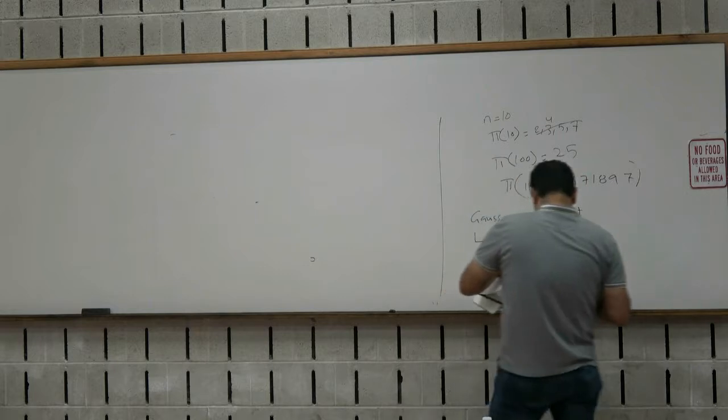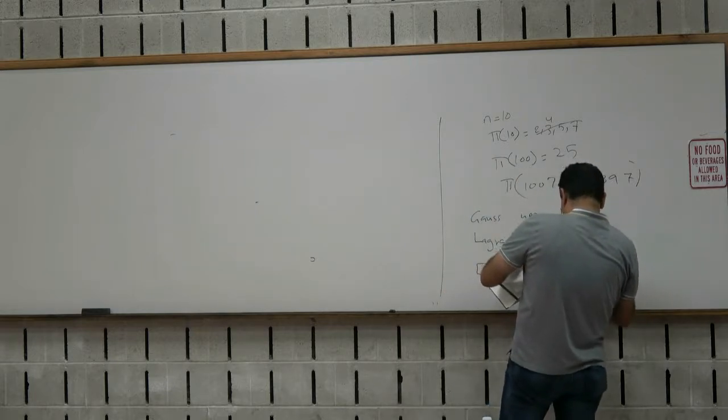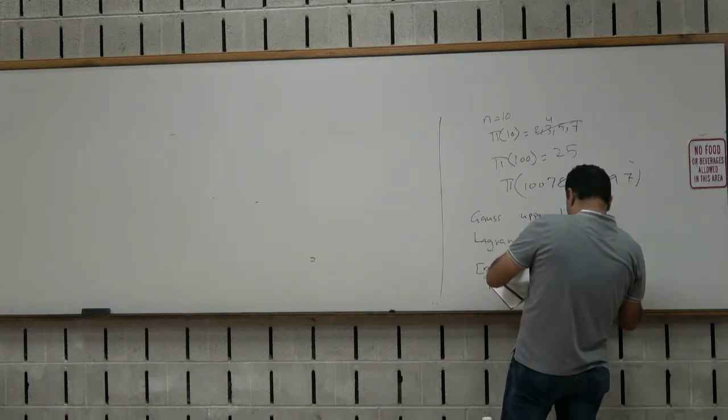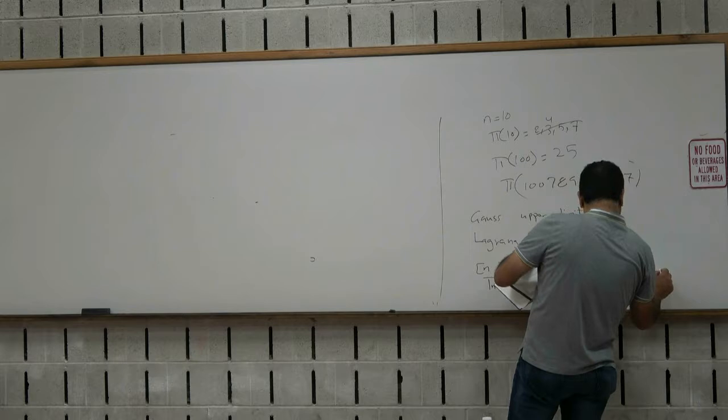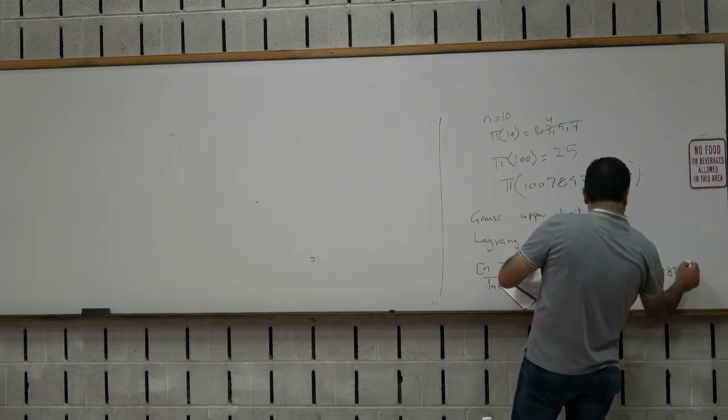And the upper limit is n divided by ln n minus 1.08366.